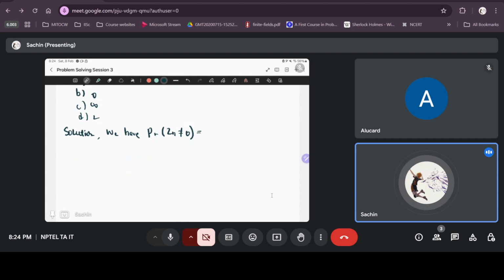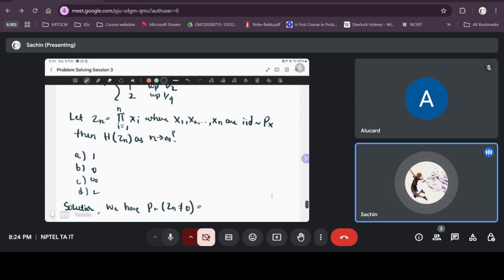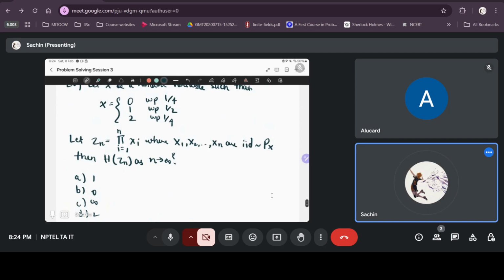So first thing is Zn can take the value 0 if any one of the xi's in x1 to xn is 0. So Zn does not take the value 0 if and only if each of the xi's does not take the value 0, and each xi does not take the value 0 with probability 1 minus 1 by 4, just 3 by 4.